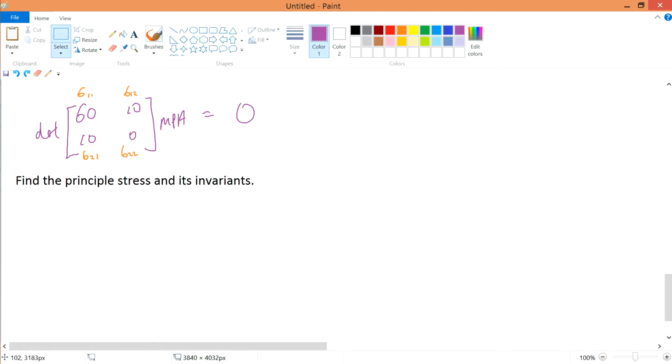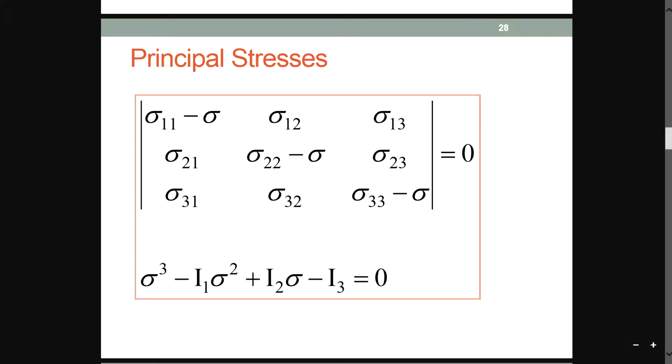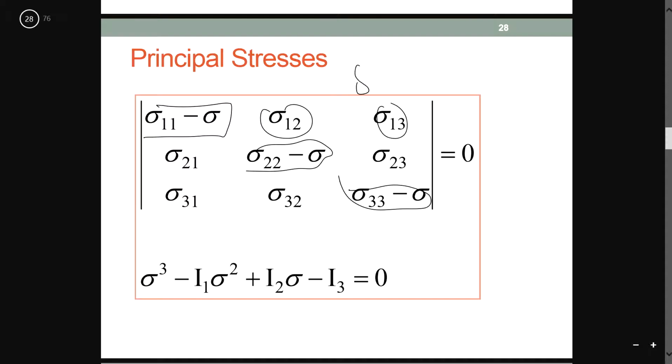Finding principal stress is not just taking the determinant of this system. It would be like this, minus the principal stress, because we want to find the principal stress. If you still remember, it's sigma 11 minus sigma, sigma 22 minus sigma, and the rest is just sigma ij.